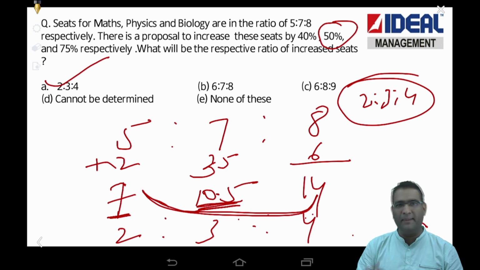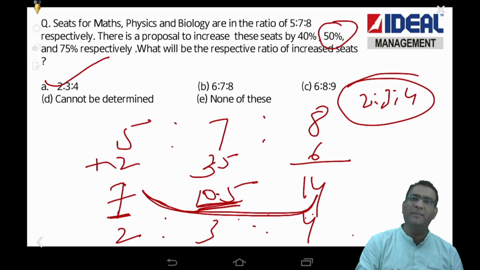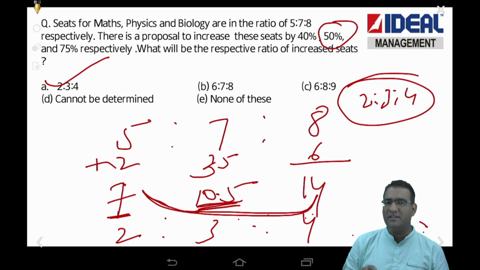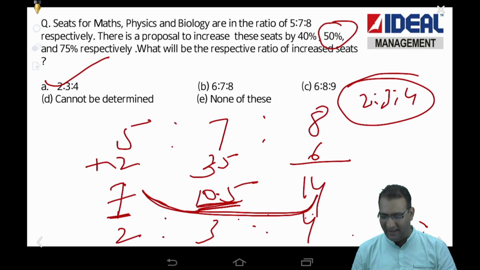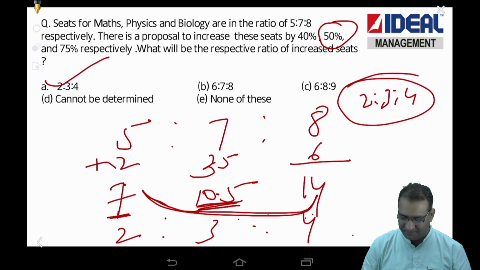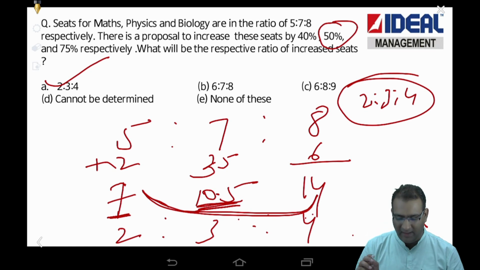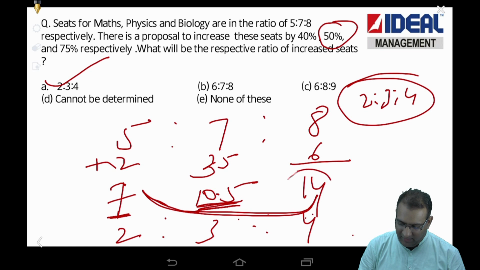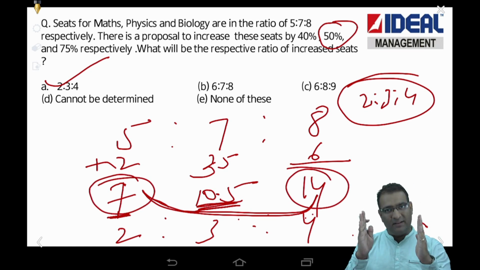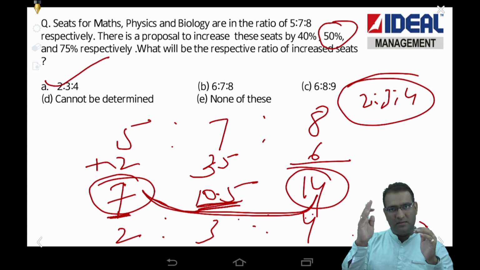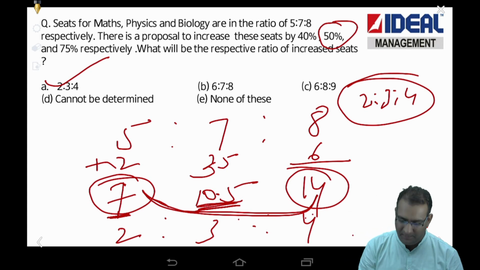Otherwise, first you will double. Why? Because you cannot find the ratio from 10.5. Double and then keep dividing. But if it clicks, trust me, this is very easy, right? Now another method. No, the shortcut is not finished here yet, right? The point is, you got 7, 10.5 and 14. 14 is double of 7, which means the third number should be double of the first number.